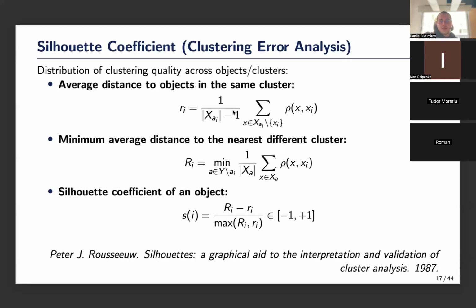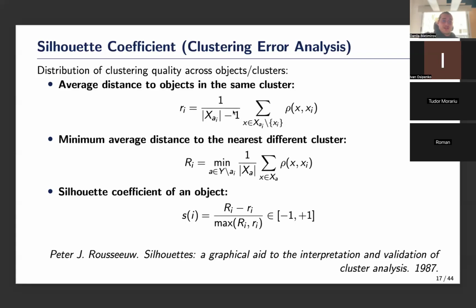If S is approximately 0, the point is near the boundary between two clusters. And if S is less than 0, that means the point is likely misclassified.